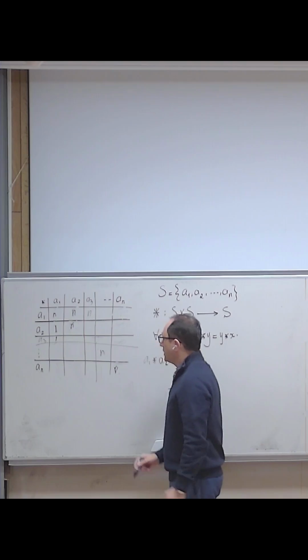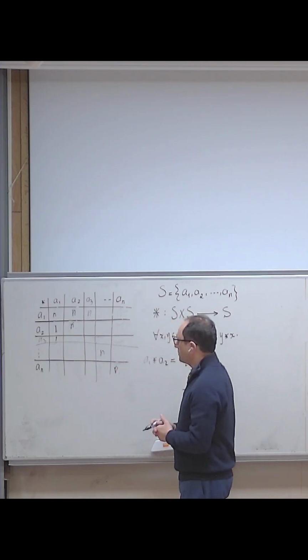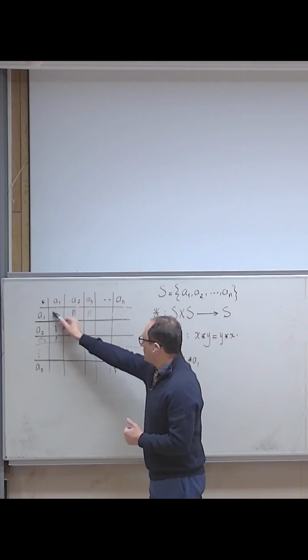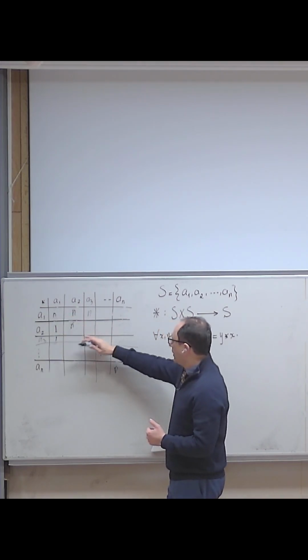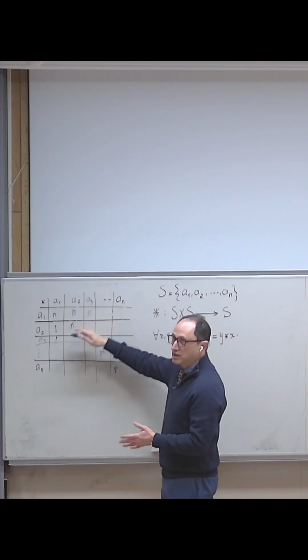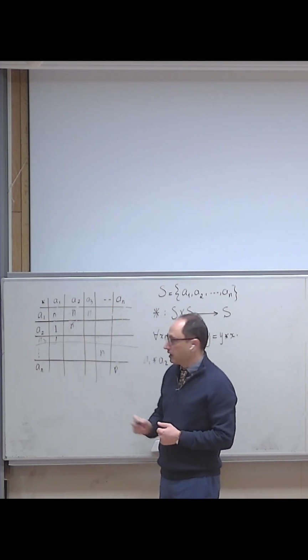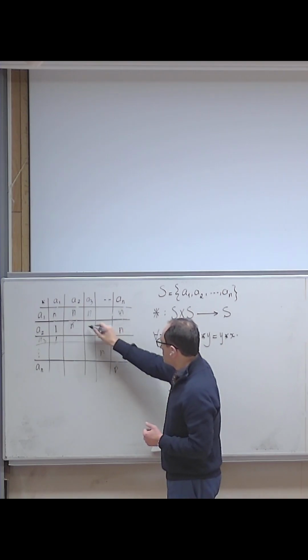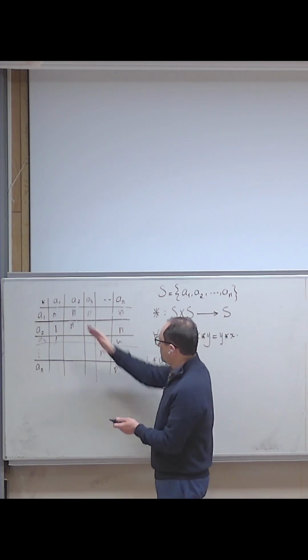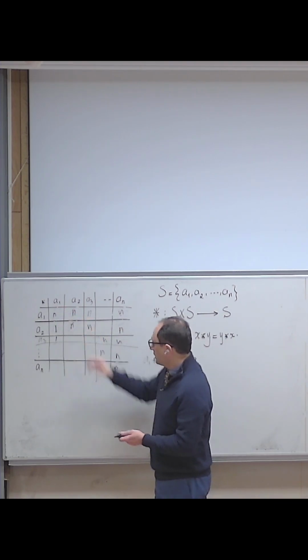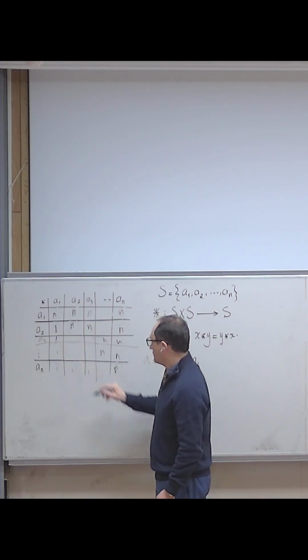So if you analyze the problem, you see that on the main diagonal you will have only n's. On the entries above the main diagonal, you will still have n's everywhere. But below this main diagonal, you have 1's everywhere.